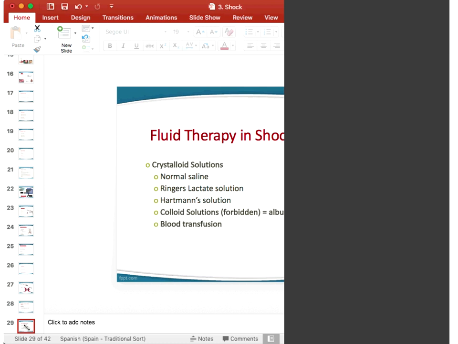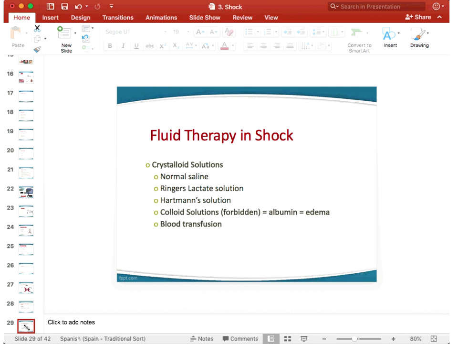In order to reestablish the blood pressure, you already know you use crystalloid solutions such as normal saline or Ringer lactate, depending on the situation, or Hartmann solution. As I said before, colloid solutions, especially in shock, are forbidden.